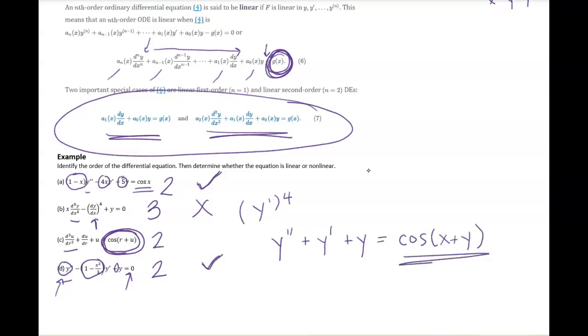Remember, on this right-hand side, I need only functions of x. Because there is both an x and a y when I decided to rewrite it in terms of x and y instead, it is not going to be linear in form.